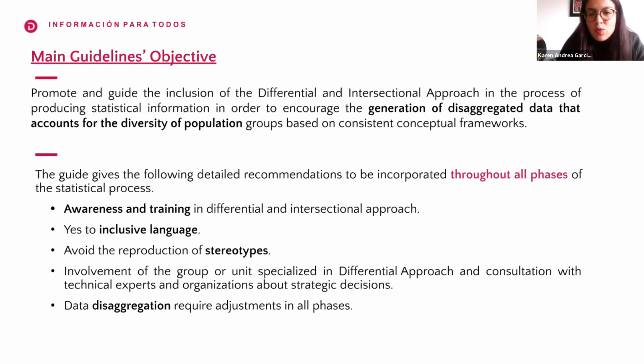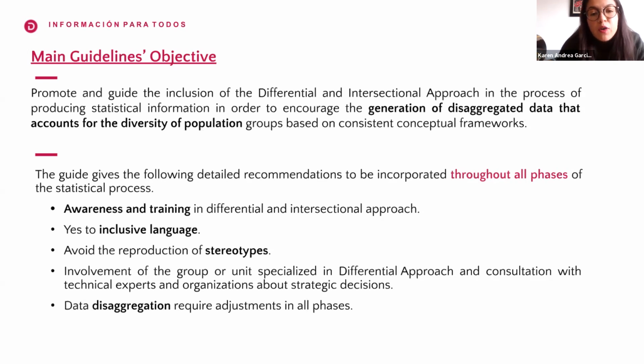The first one is awareness and training in differential and intersectional approach, to the teams, to the personnel. These are topics that are in constant development, that need to be worked interdisciplinarily, and that's why we need constant awareness and training. We say yes to inclusive language in all the phases, avoiding the reproduction of stereotypes and being very careful with that.